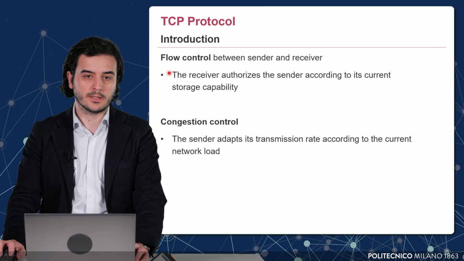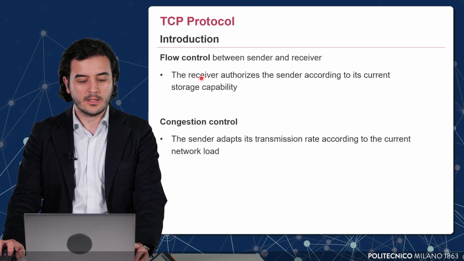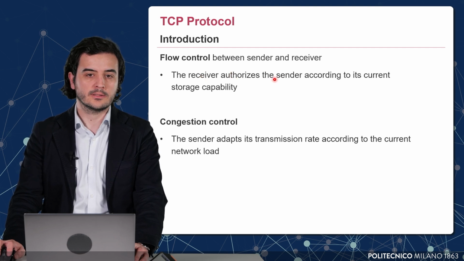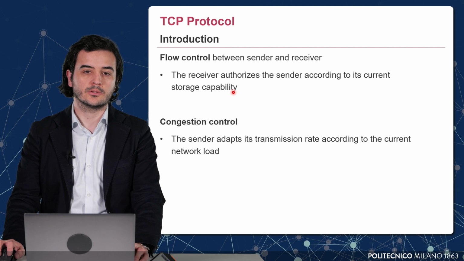Flow control and congestion control are two important mechanisms that characterize the TCP transport protocol. Basically, referring to flow control, the receiver is authorizing the sender based on its current storage capability.